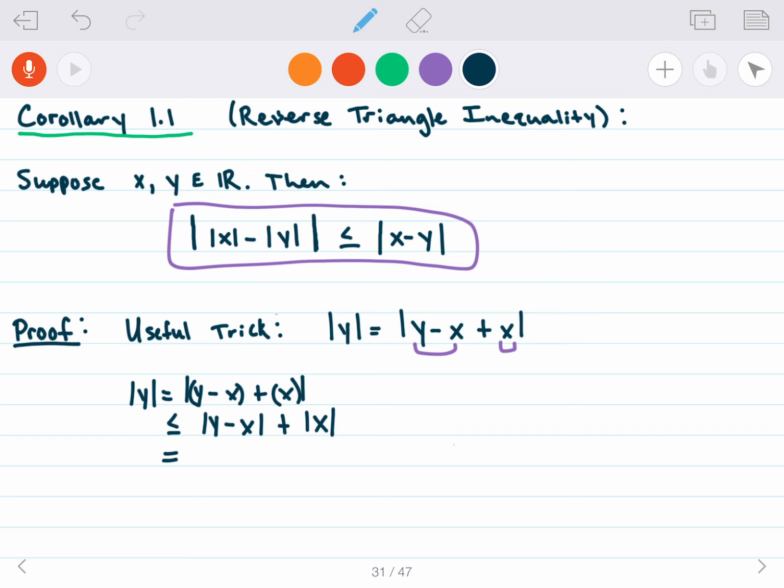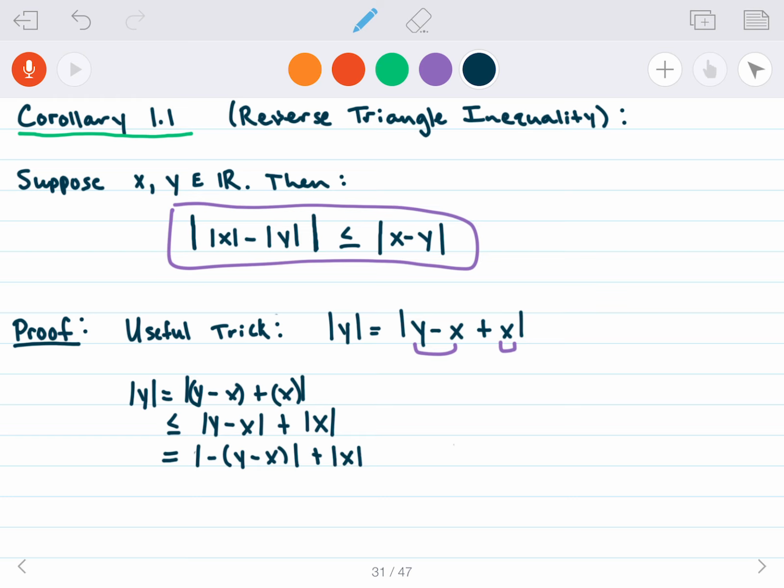And this is equal to, if I just pull a negative out of here by our properties that I listed, these are the same thing.